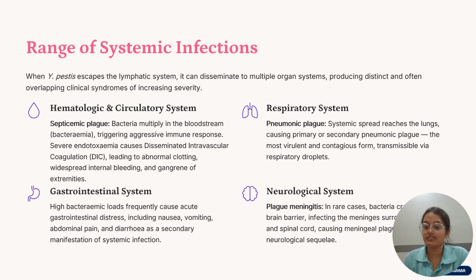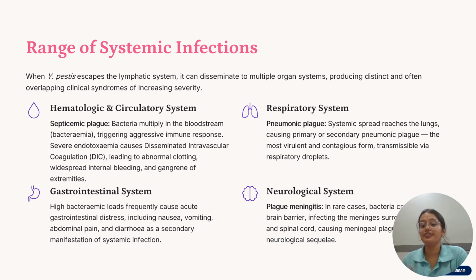Bacteria multiply in the bloodstream, triggering an aggressive immune response and causing disseminated intravascular coagulation, leading to abnormal clotting, widespread internal hemorrhage, and gangrene of the extremities. Gastrointestinal system: high bacteremia loads frequently cause acute gastrointestinal distress, leading to nausea, vomiting, and abdominal pain. Diarrhea is a secondary manifestation.